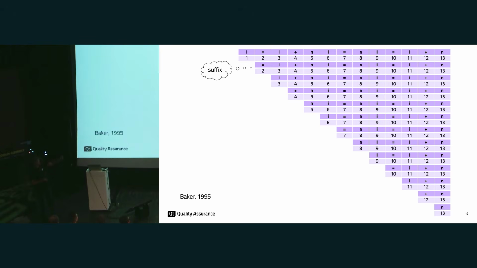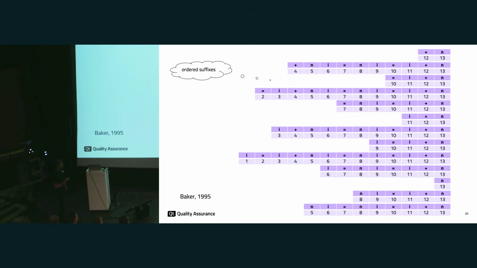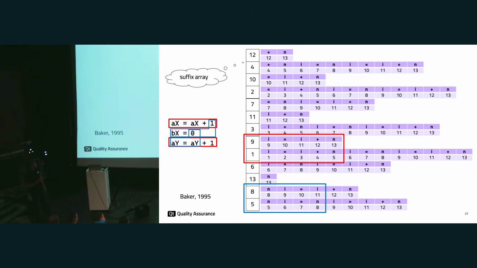And now we would like to find common prefixes, because common prefixes of suffixes are clones, right? It's difficult to find that, so let's sort them. We can sort them. Then we shift them to the left, so then we can better compare them on the left-hand side. And then basically what we did was to create a data structure called suffix array.